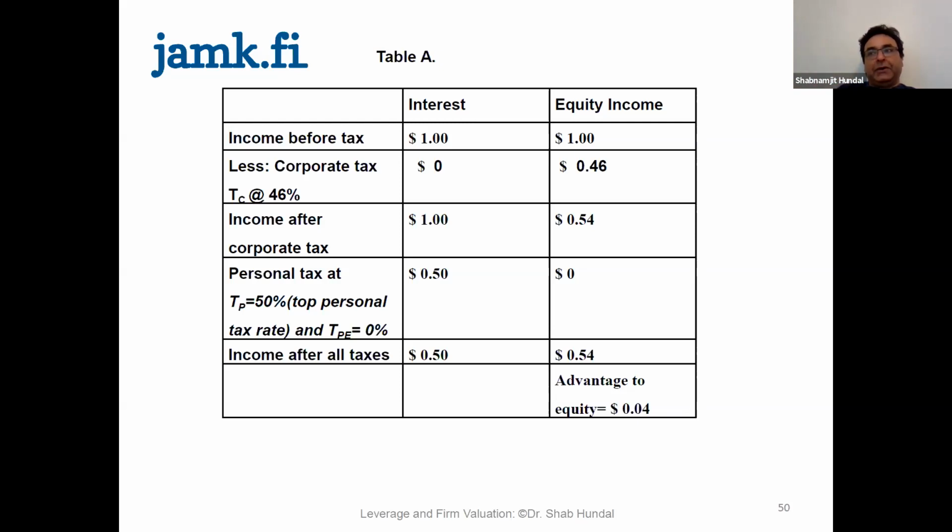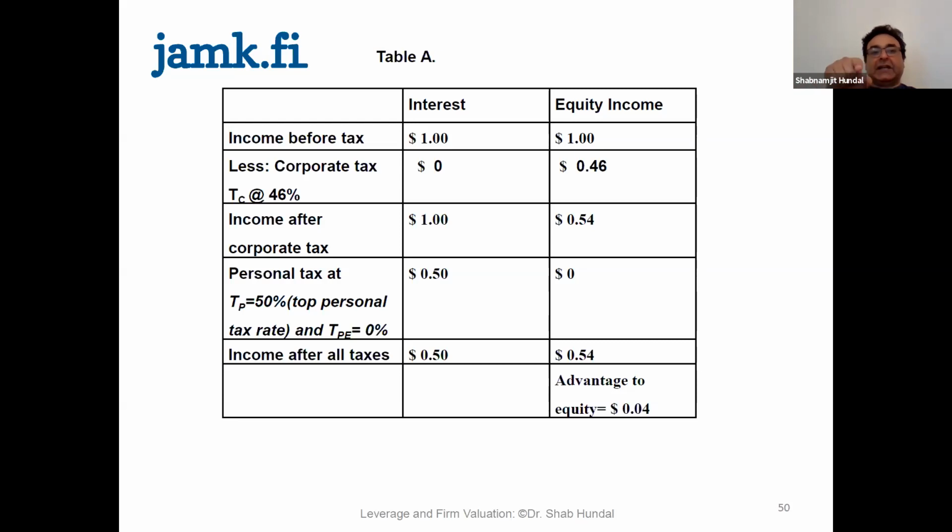But when you are earning through equity, you pay TC, the corporate tax rate, but you also pay TPE, the personal income tax on equity. It could be possible that the overall personal income tax which the debt holder is paying is more than the sum of the personal income tax and the corporate tax to which the equity income is exposed.